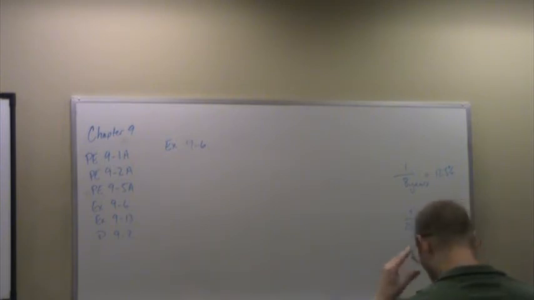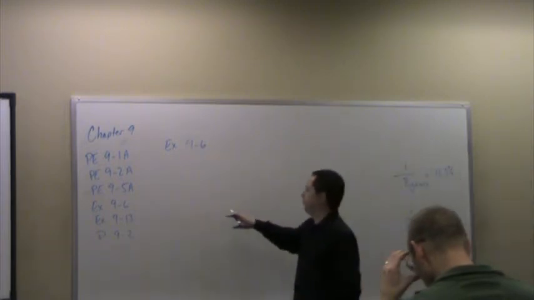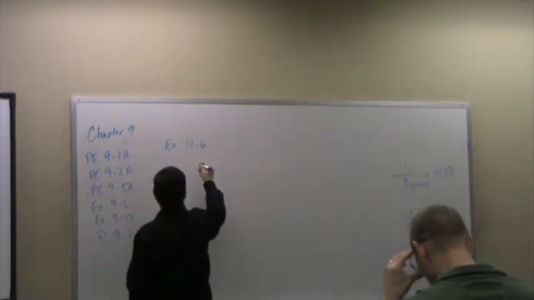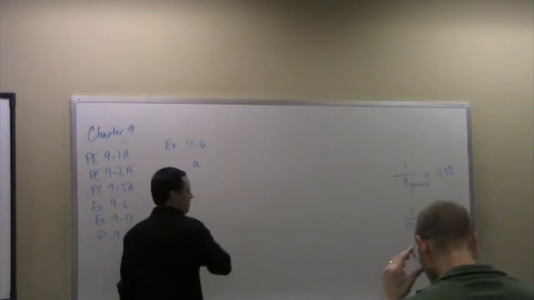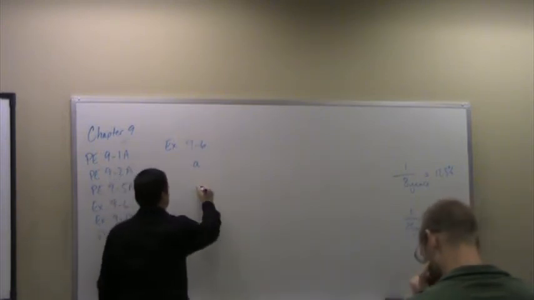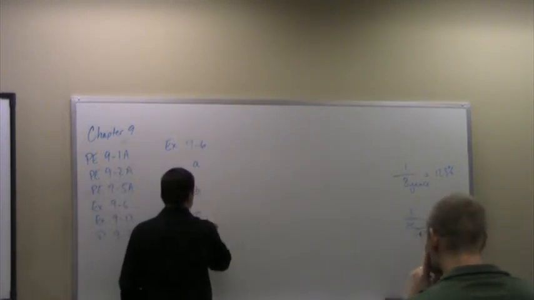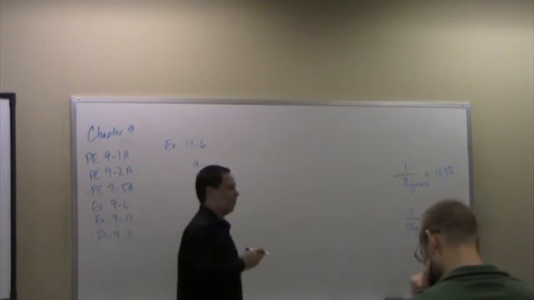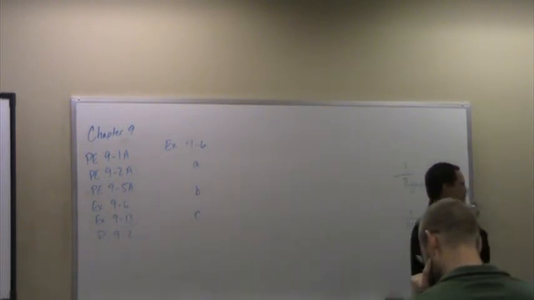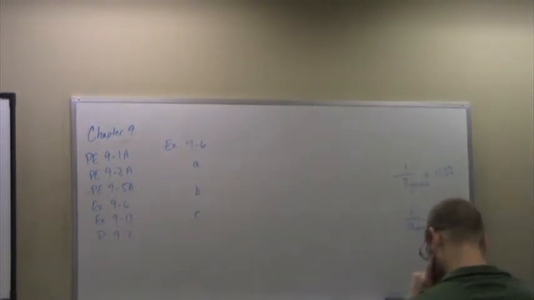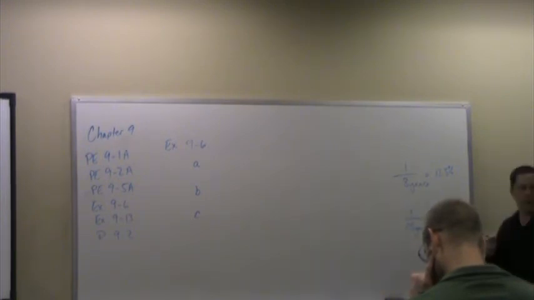Now this one is similar to the one we did in the first problem. At least B and C are similar. In this first part, it basically states they replaced a transmission at a cost of $1,890.